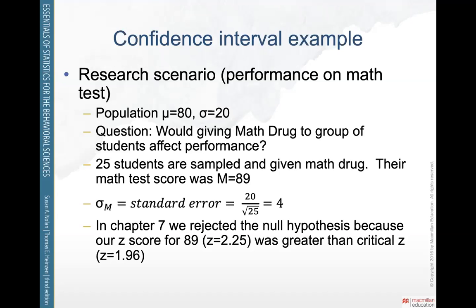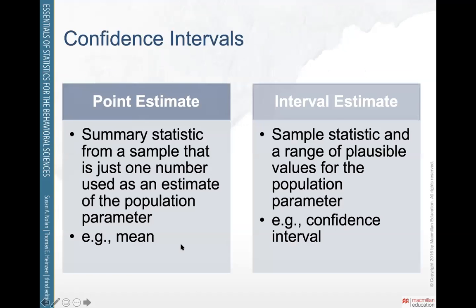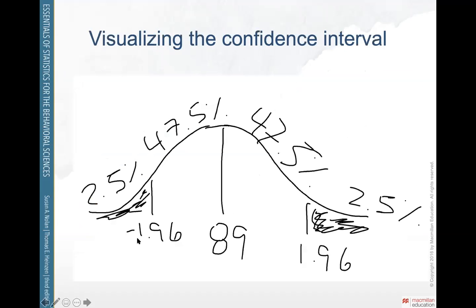What we're going to do now is take a confidence interval, which is centered about this sample mean of 89. And once again, we're going to transform this z-score right here into the lower bound, an x value. And we're going to transform this z-score right here, 1.96, into the upper bound, which is an x value.